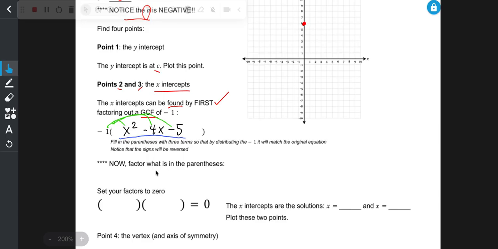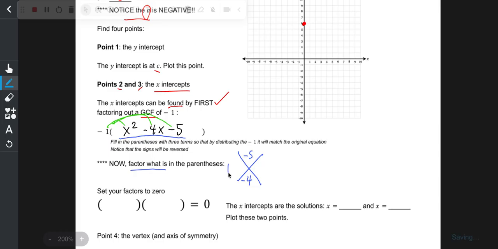Okay? So factor what's in the parentheses. This does not change your A, B, or C. Our A, B, and C are still the same as what we originally wrote. But if we factor this, then what we're doing is putting -5, which is our C, up top, and -4, which is our B, on the bottom.